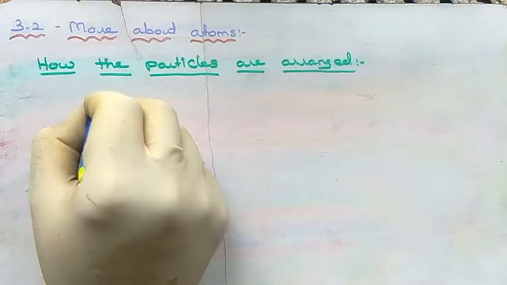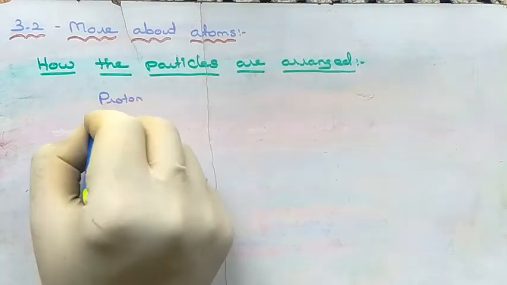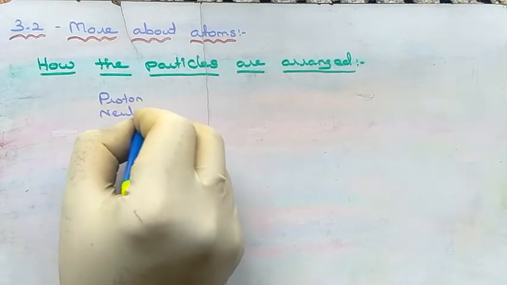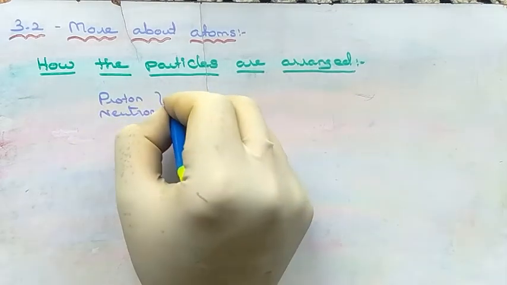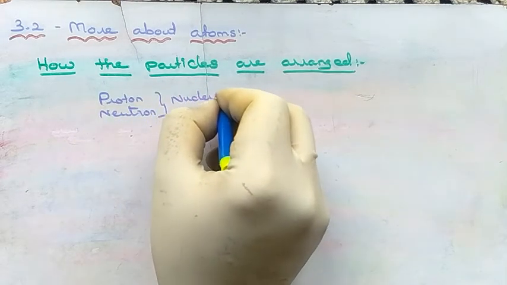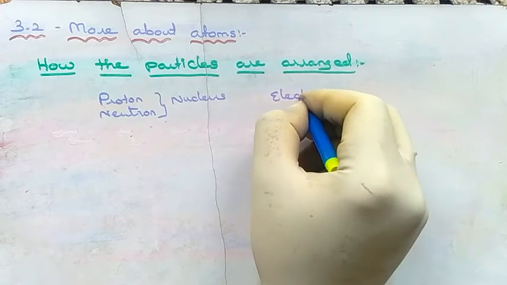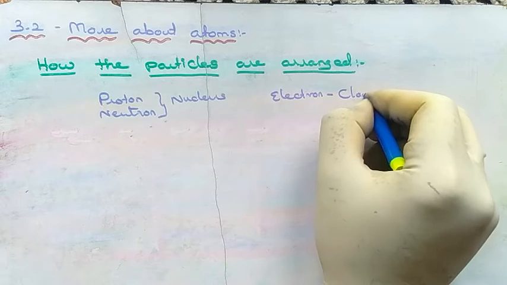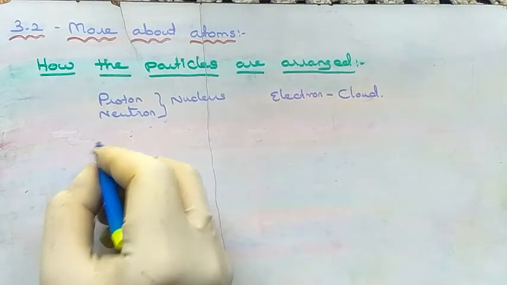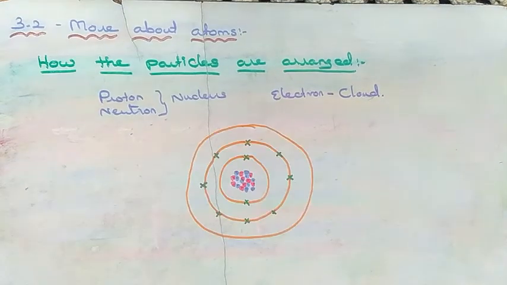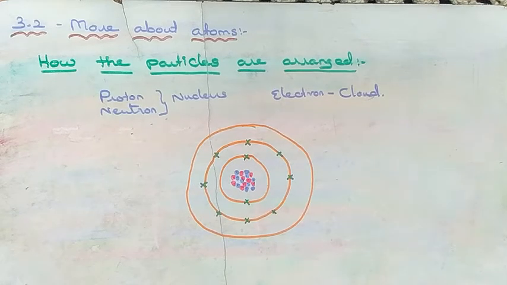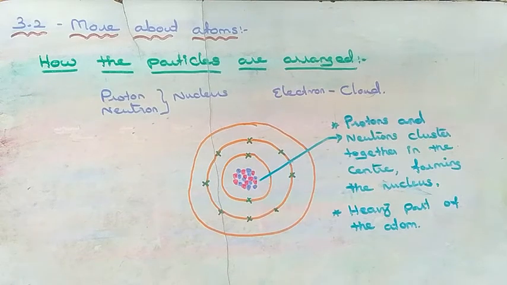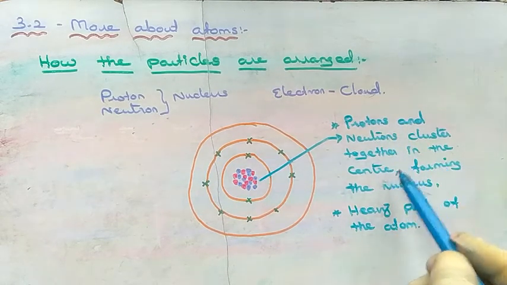Next we are going to see how the subatomic particles are arranged in an atom. As we know already, protons and neutrons are inside the nucleus, whereas electrons are in the cloud. Let's see the atomic structure. So this is how an atom looks. The protons and neutrons cluster together in the center, forming the nucleus, and the nucleus is the heavy part of the atom.